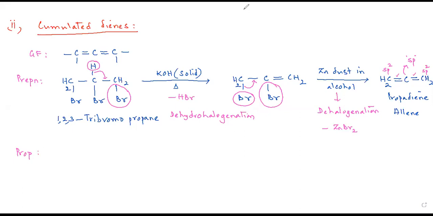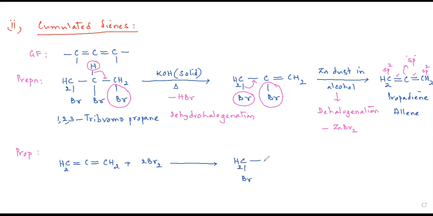Let me also give you a property of cumulated diene. A simple one. See, when propadiene is treated with bromine, a simple thing. We know that this bromine gets added across the multiple bonds.